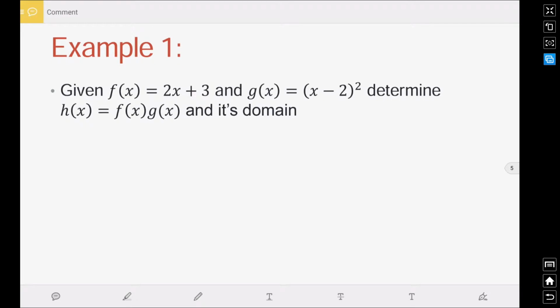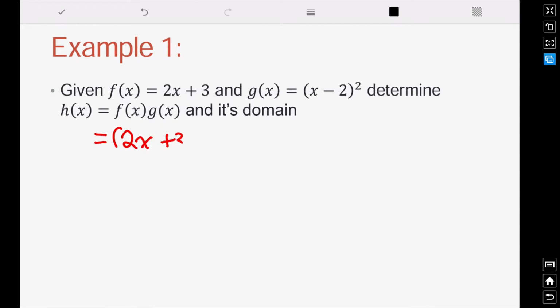So h of x we know is just f of x times g of x, so I can write it down as follows: 2x plus 3 times x minus 2 all squared. And let's expand this. You probably don't really need to expand it, but we'll expand it anyways, because it's fun.